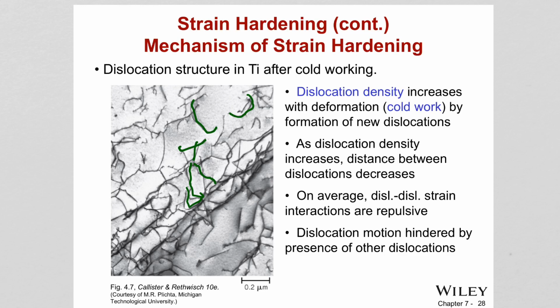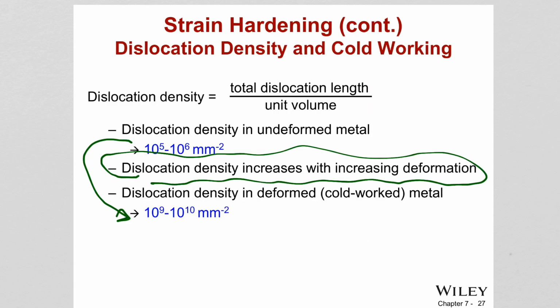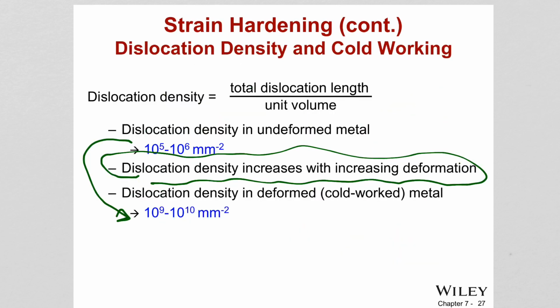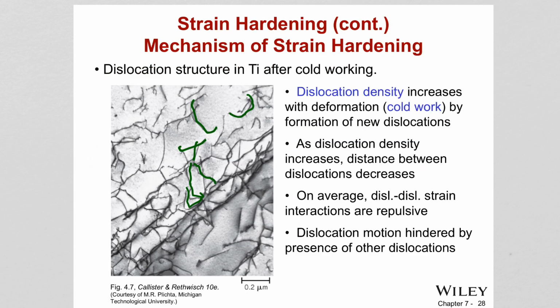On average, dislocation-to-dislocation strain interactions are repulsive, like in this case, because they are on the same plane. So dislocation motion is hindered by the presence of other dislocations.